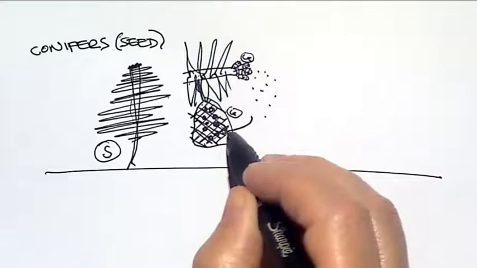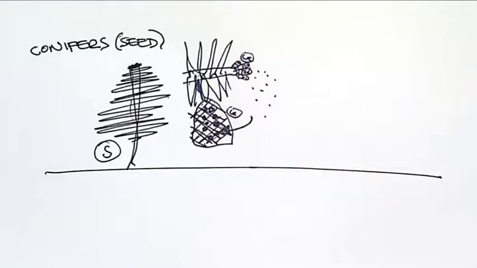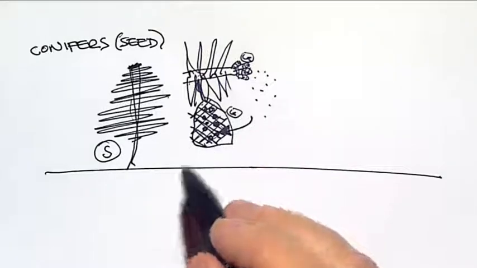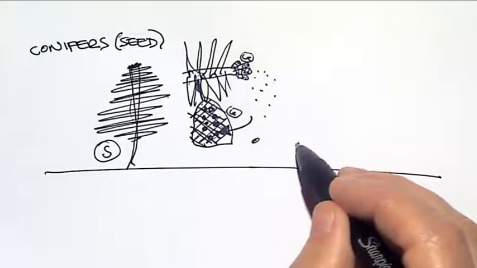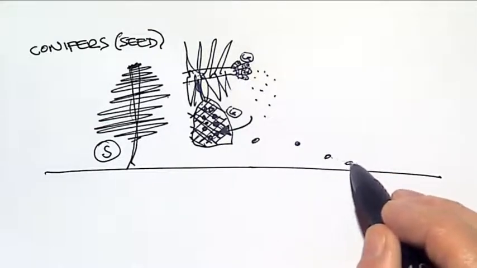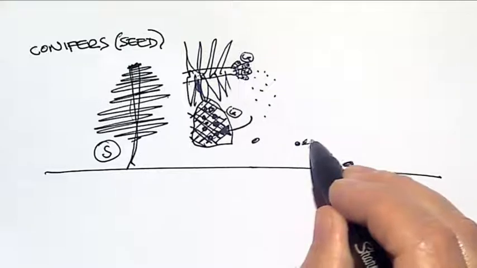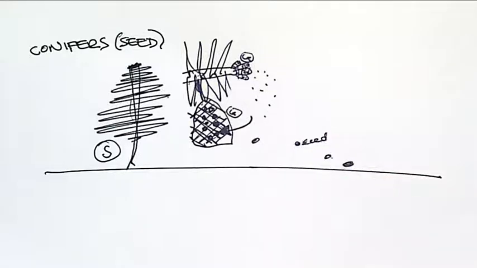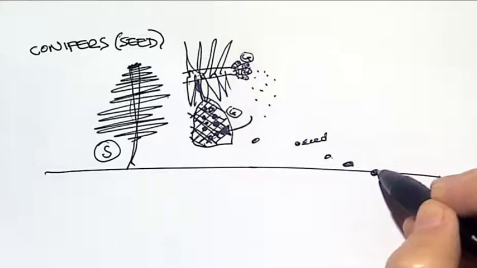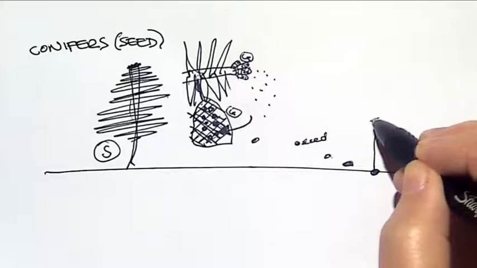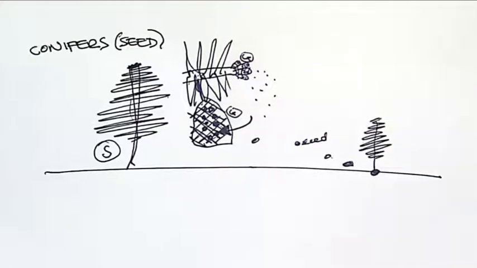It fertilizes this egg, and that will grow into a seed. The pine cone will open up, and the seed is released and flutters down to the ground. This is a seed, not a spore. The seed will land in the ground and begin to grow a new pine tree.